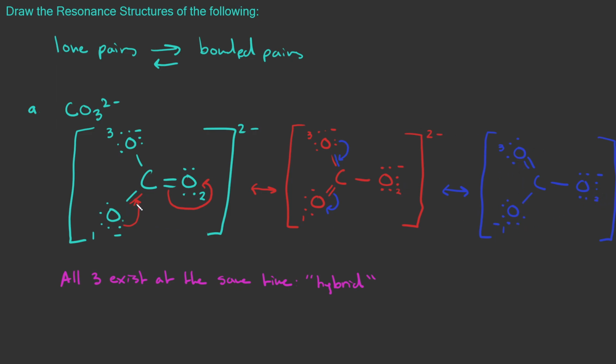Because these electrons could be moved throughout your entire molecule, we describe them as a hybrid between all three of these, and I like to describe these electrons as fluid. These electrons can be moved and pushed around throughout this molecule depending on what is necessary. And this is what we call resonance.